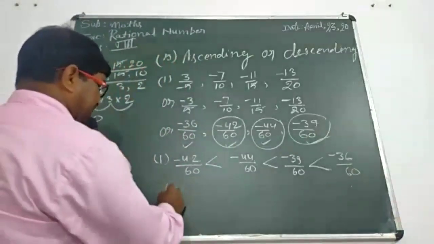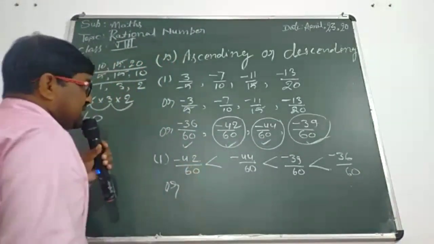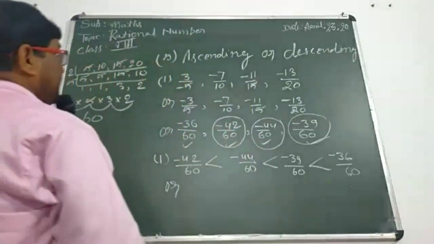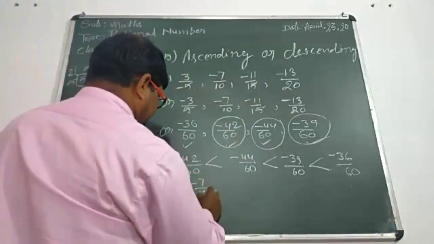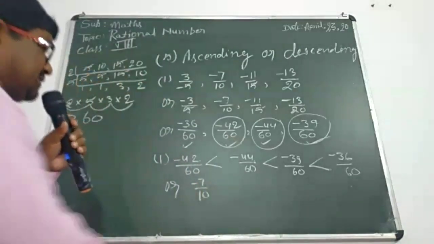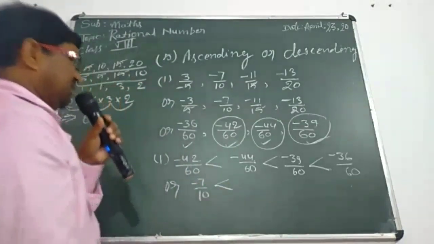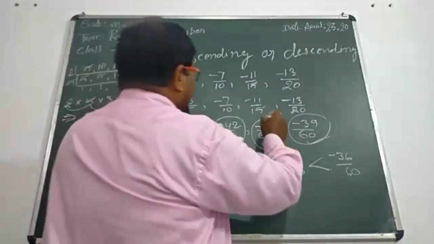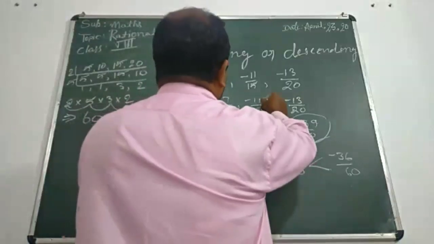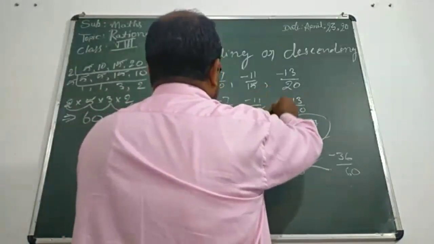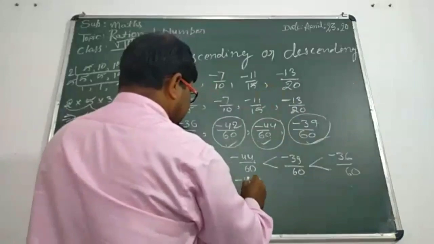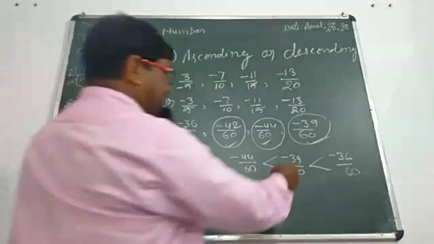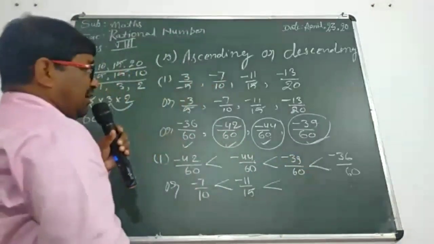Now mind, minus 42 upon 60 is the equivalent rational number of minus 7 upon 10.